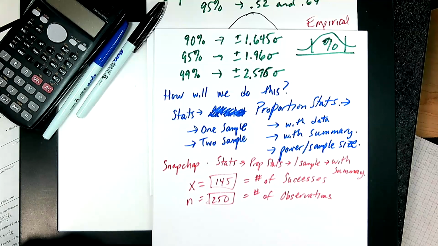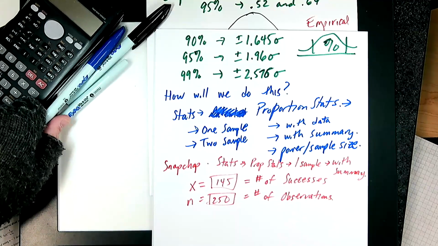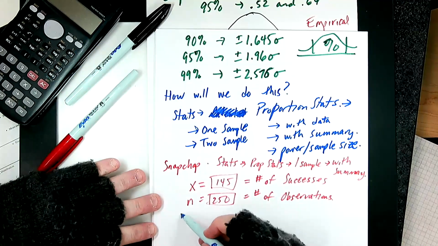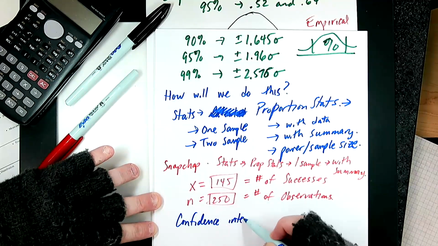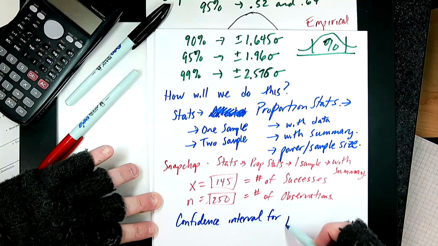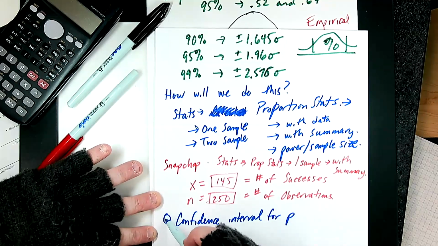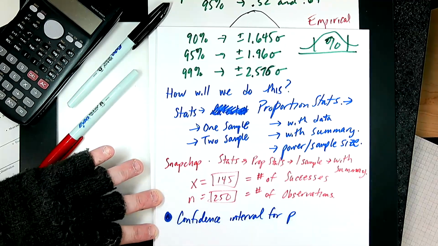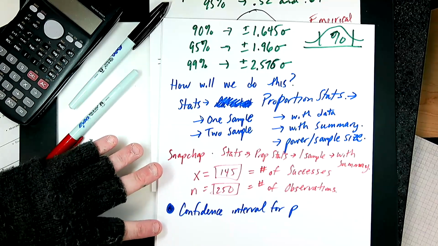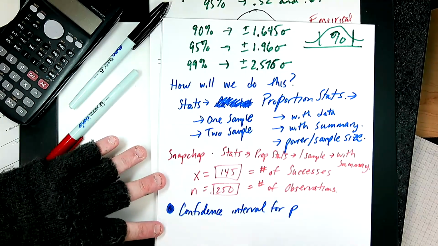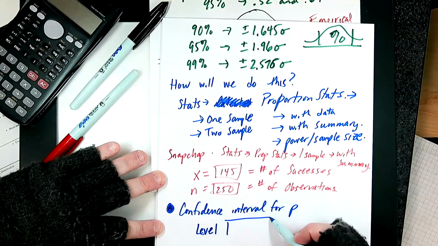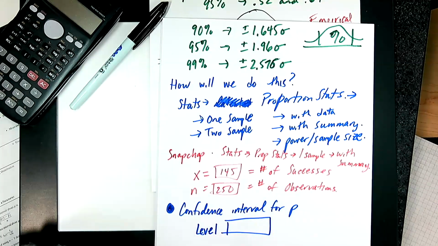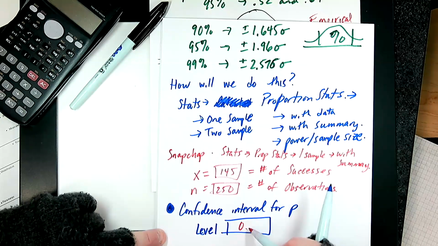And then you go down and you click on the confidence interval button, confidence interval for P. It's got a circle button, and you fill that dot in. And when you do, it'll say level, and it'll have a box there. That's where you put your percentage.